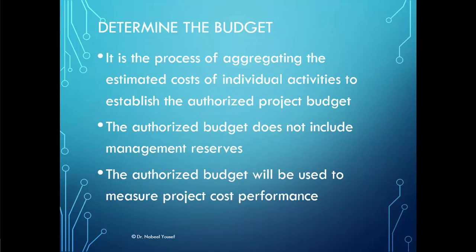Once we estimate the cost using any method or a combination of methods for each activity, we can calculate the project cost, and the purpose of that is to determine how much money is needed to complete the whole project. Now remember, the work breakdown structure, the network diagram, the resource assignment, activity duration, and cost estimation are all parts of the planning process that should be known before starting the execution.